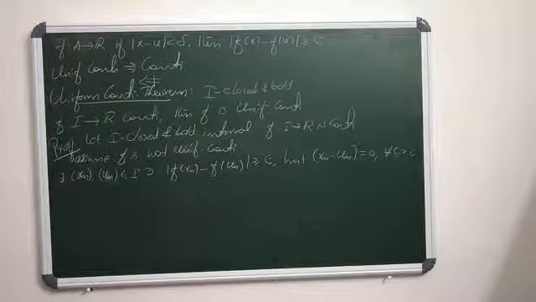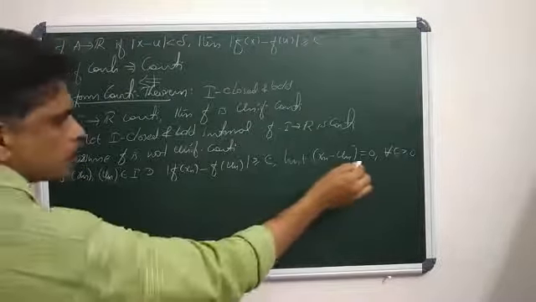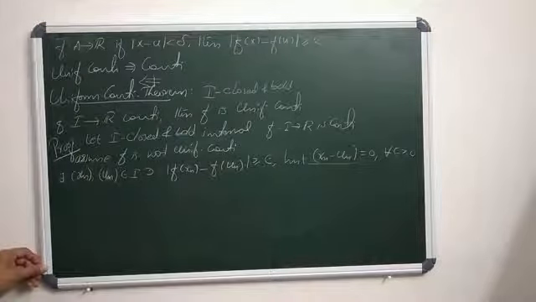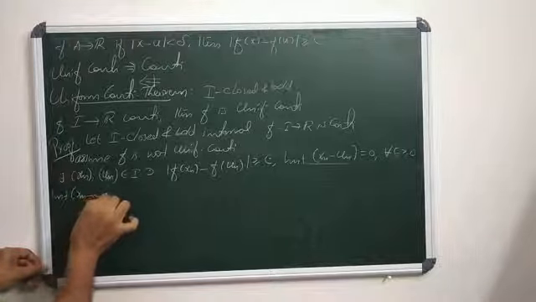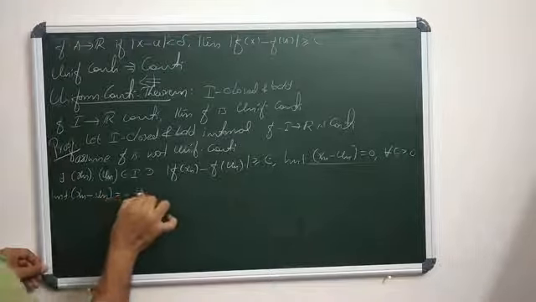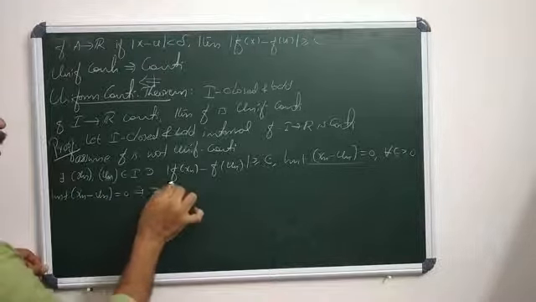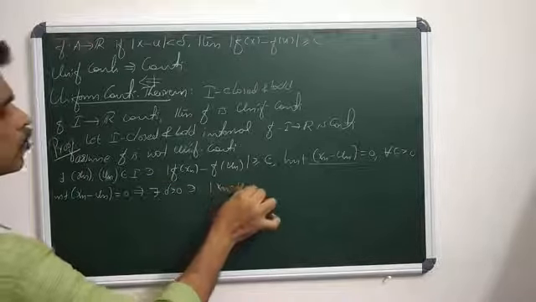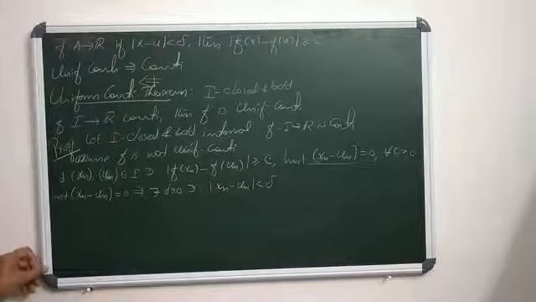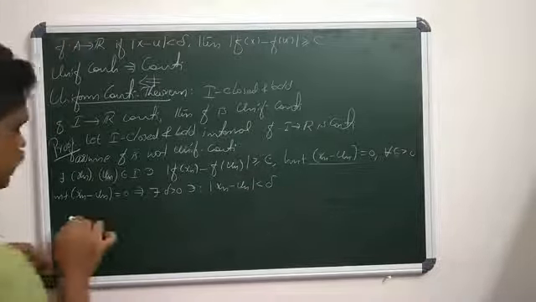Now listen. Come to the condition limit of xn minus un equals 0. This means there exists some delta positive such that modulus of xn minus un is strictly less than delta.